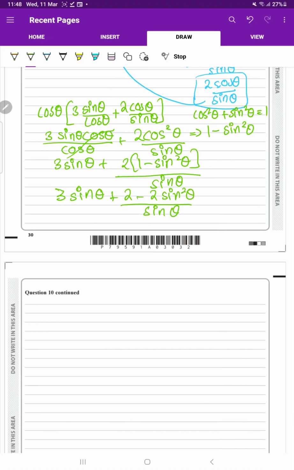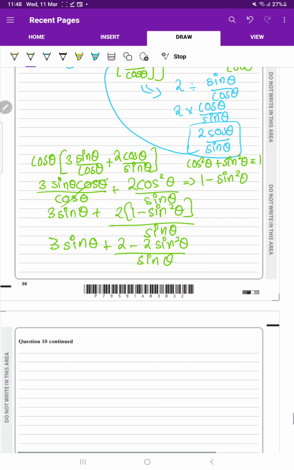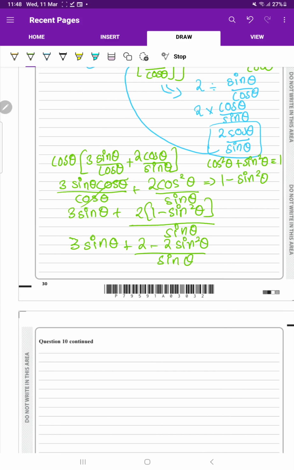Here things get a bit trickier, and many people wouldn't know what to do. We have to do a bit of algebraic manipulation.